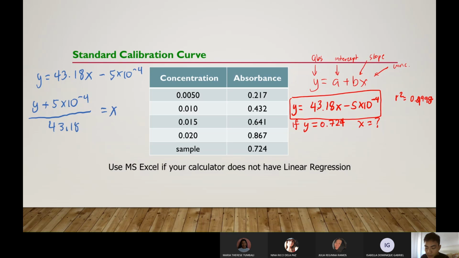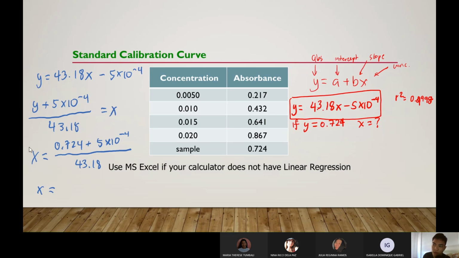Okay? O, ano ba yung y natin? 0.724. So, lagay mo doon, x equals 0.724 plus 5 times 10 raised to negative 4 over 43.18. So, malalaman mo na yung concentration mo. Simple algebra lang. Again, yung x yung concentration, yung y absorbance.